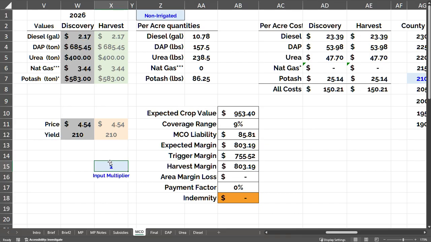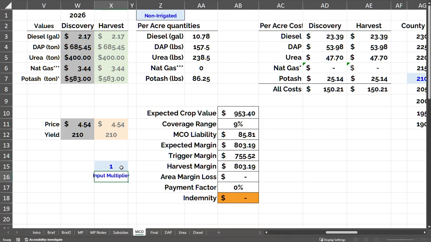Okay, so if we took all of those inputs times 10%, we still don't have a payment down here. If we took them all times 30%, still no payment. We have to see an increase of close to 40% of all of those inputs before we get into any payment territory, assuming that price and yield are held steady.